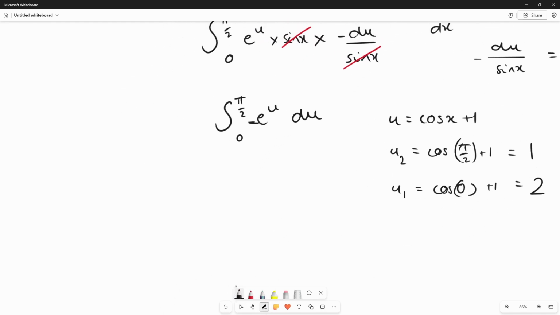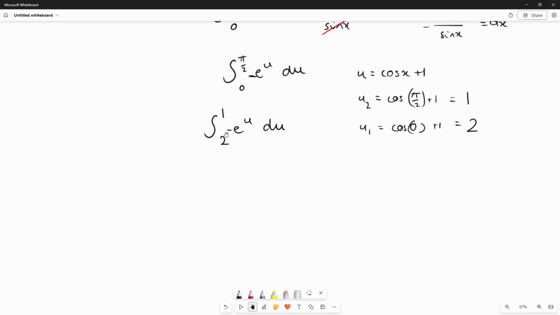So the integral that we're finding would be from 1 to 2 of e to the u minus e to the u du. When we integrate something to the power of u, we do 1 over that power and we bring it in front of the e. But because we have just e to the power of u, it would be the exact same, because we'll just bring 1 over 1, which is the same as 1, down.